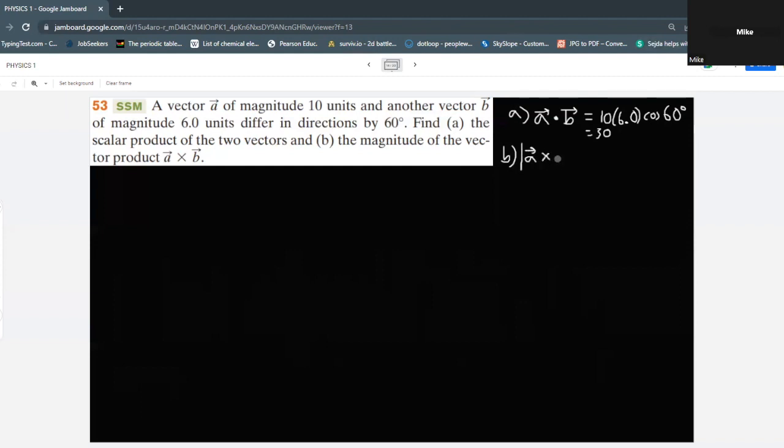And the cross product is a vector, so it should be inside. And then, magnitude. Different directions by 60, so sine 60.